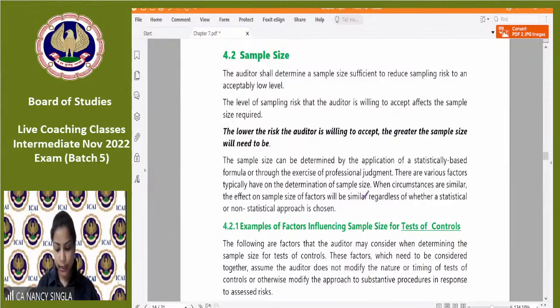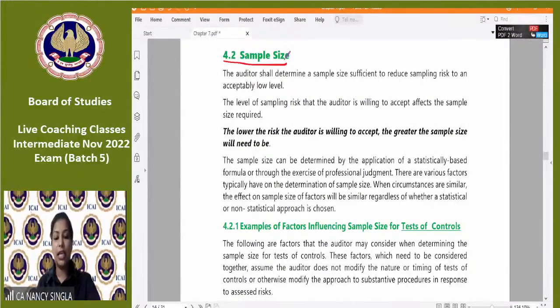Hana, Aditi, Karthik, they all are asking this. So we will take this question when we discuss various methods of sampling. At that point, I'll show you the examples. Now, the new topic for today is what?